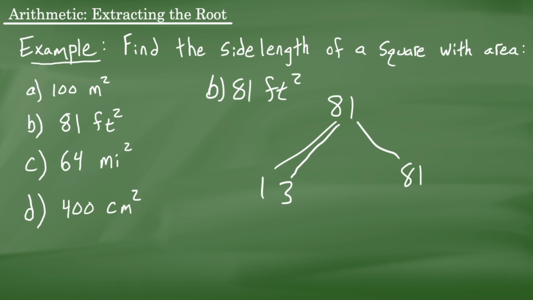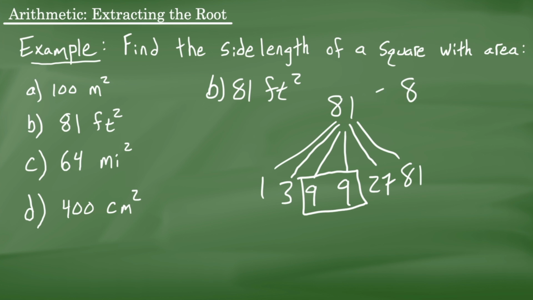We have 3 and 27. And 9 and 9. The square root of 81 is 9. This would be then 9 feet.